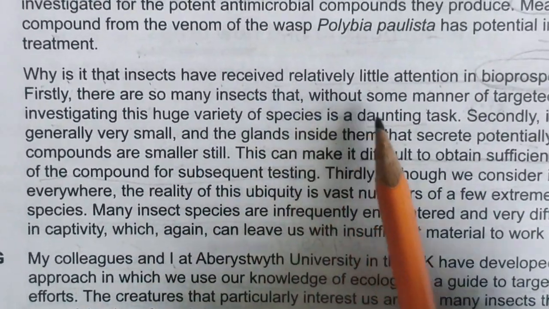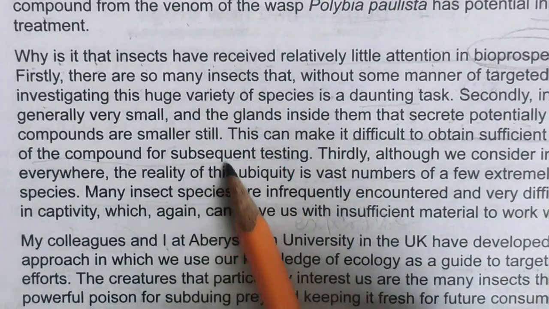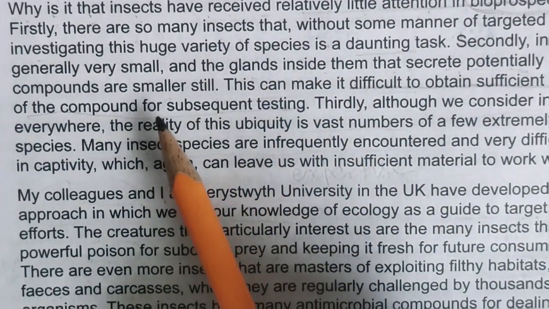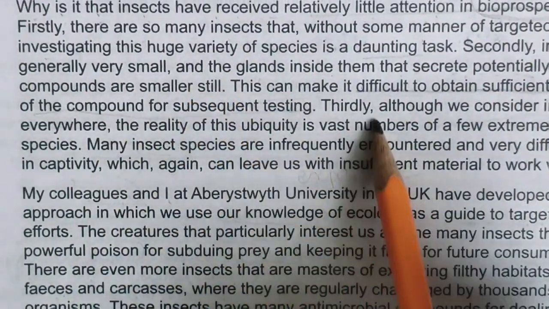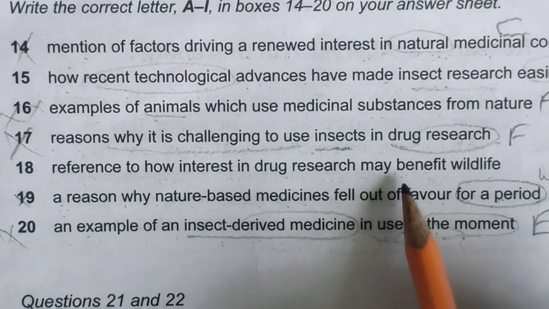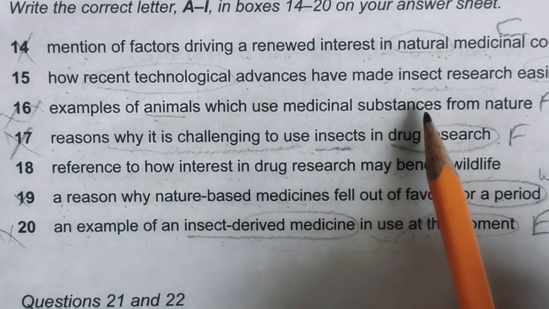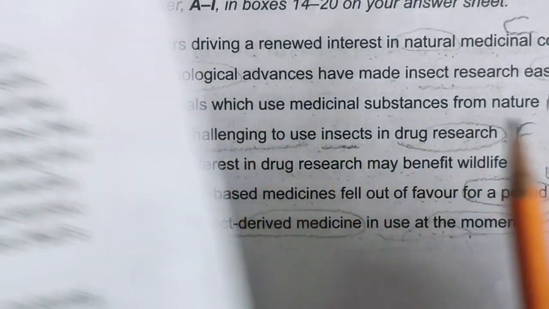They are talking about why it is difficult, because they have a huge variety of species, and some secrete potential compounds. All the things they are discussing are about the difficulty arising from the nature of insects. Now the 18th and 15th we have left.